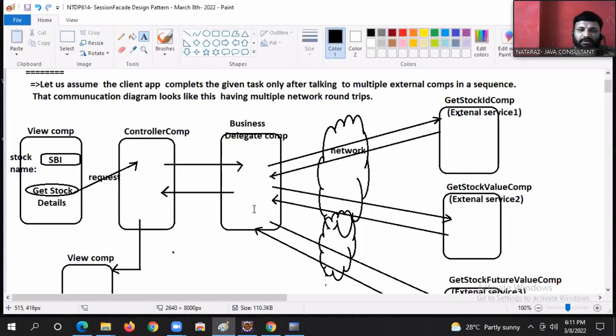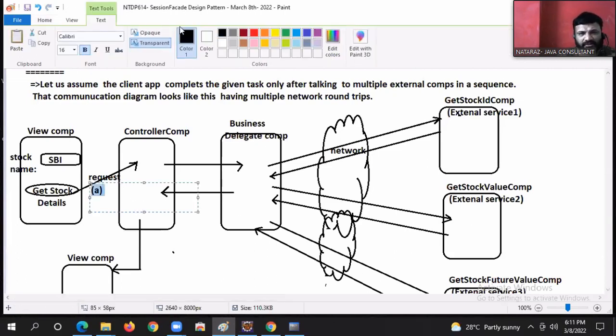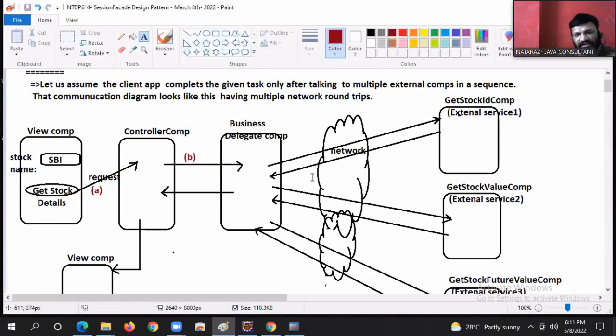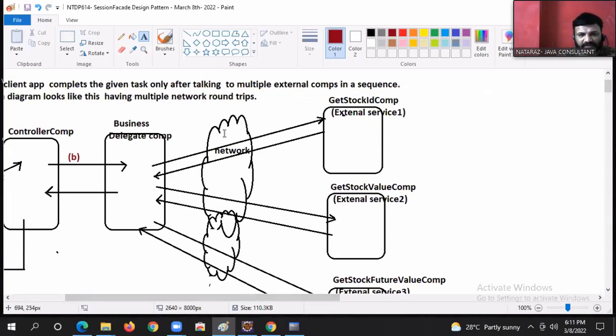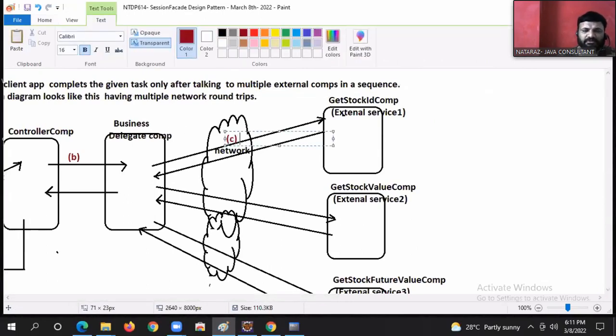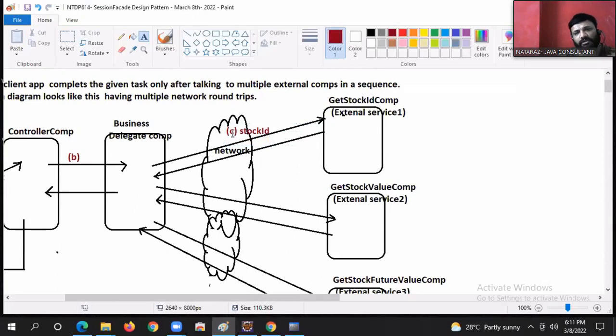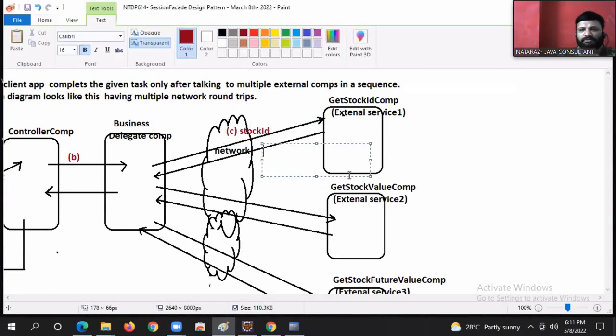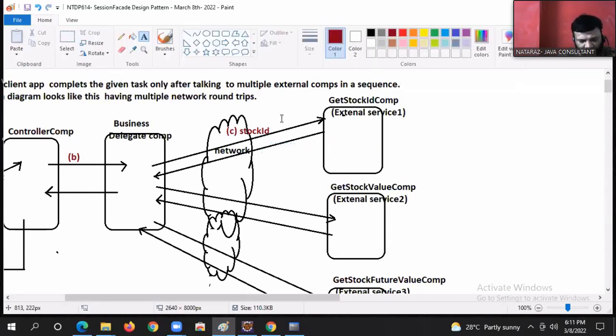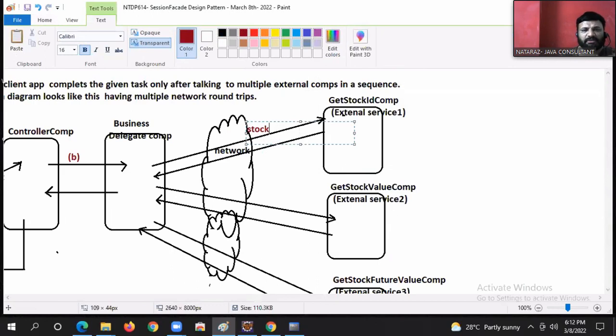Now tell me here, what is the order? We are entering, A, B, talking to business delegate, C. Sorry, stock name is the input value here.